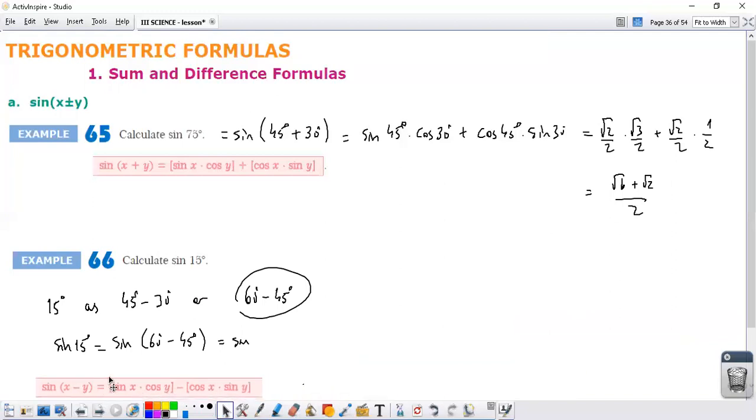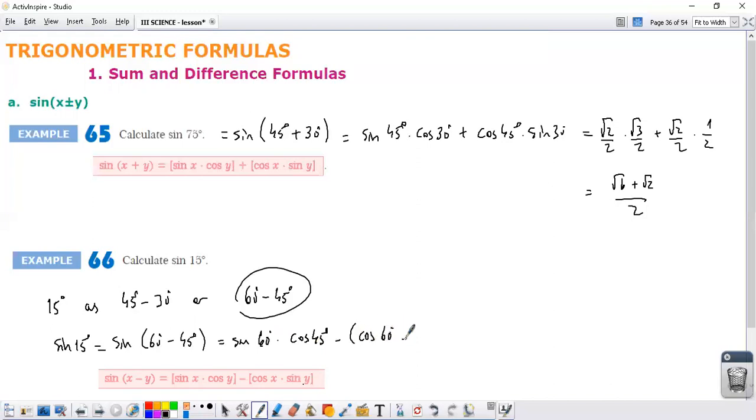Let me take the difference formula over here: sine 60 times cosine 45 minus cosine 60 times sine 45. And from here we will get for sine 15: root 6 minus root 2 over 4.